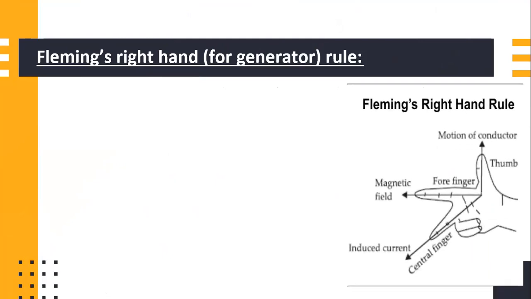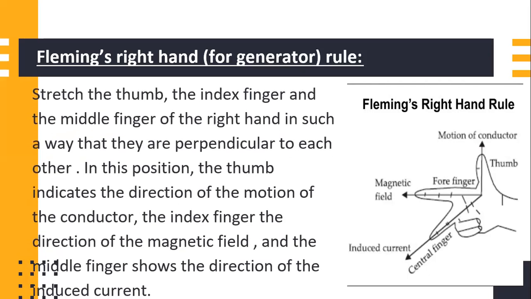Fleming's right hand rule. As you see in the diagram, keep your forefinger, thumb and middle finger of the right hand mutually perpendicular to each other.